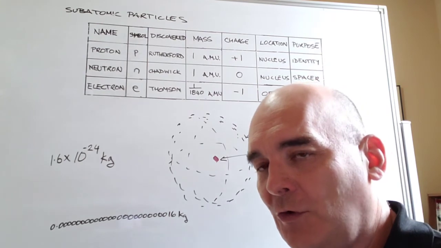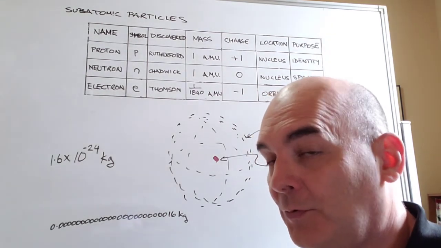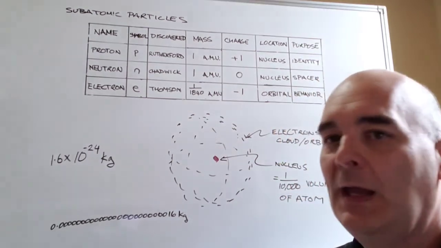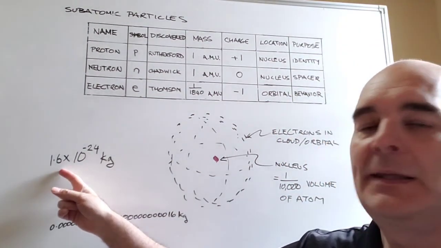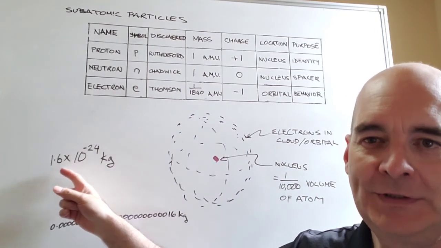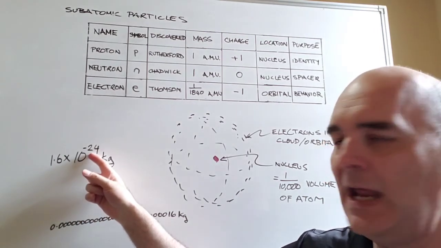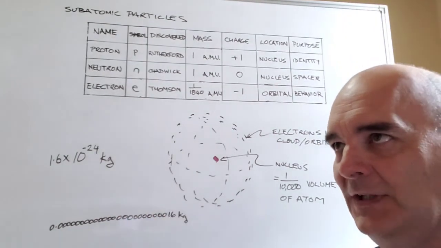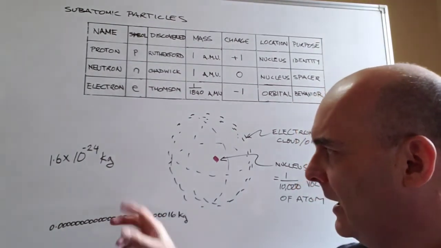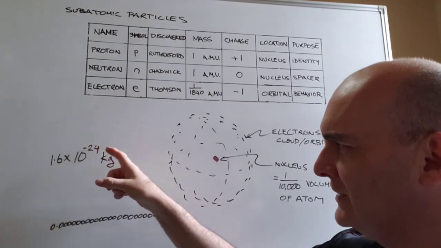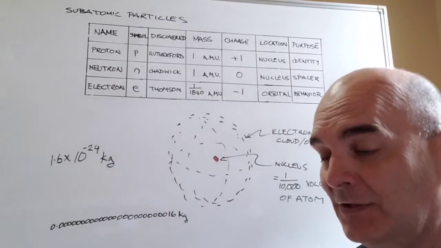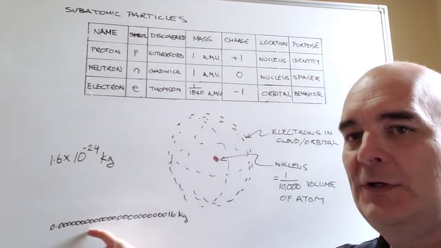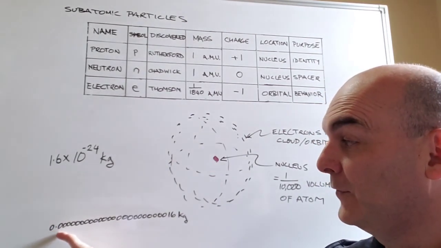protons and neutrons have approximately the same mass, ever so slightly different, and their mass is this number, 1.6 times 10 to the negative 24 kilograms. Remember, mass is measured in kilograms, and 10 to the negative 24 means I have 24 zeros, including the one that is before the decimal.